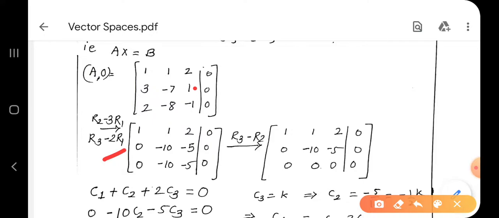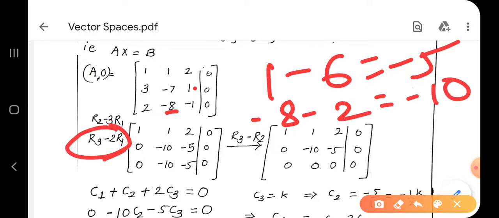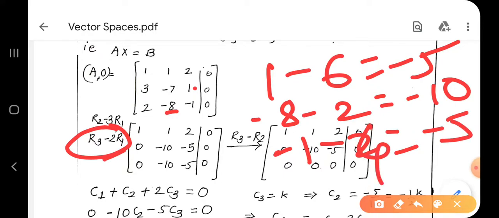Then 1 minus 6 is minus 5. Next one, minus 8 minus 2, I get minus 10. Next one, minus 1 minus 2 into 2, 4, I get minus 5.